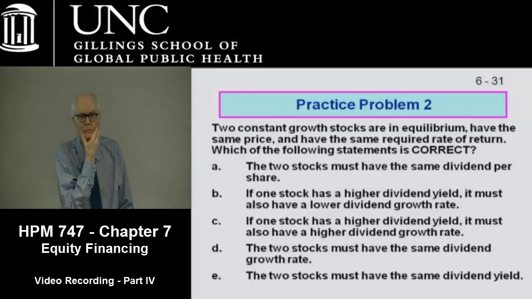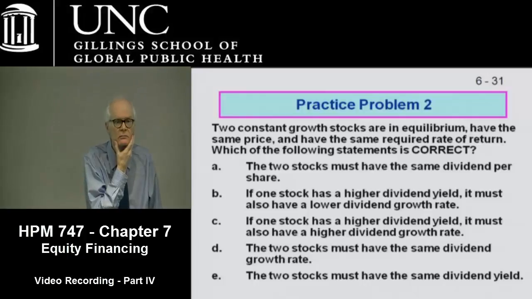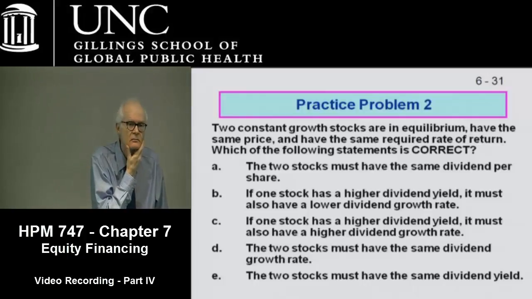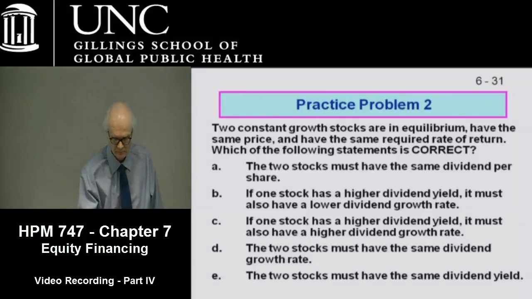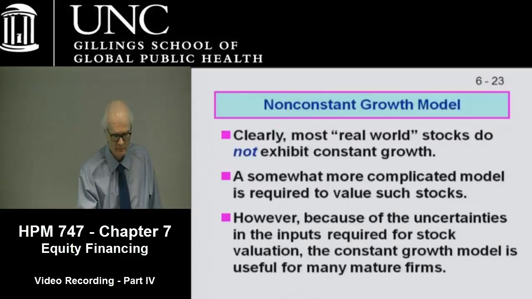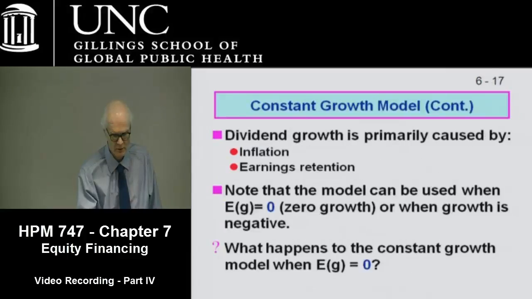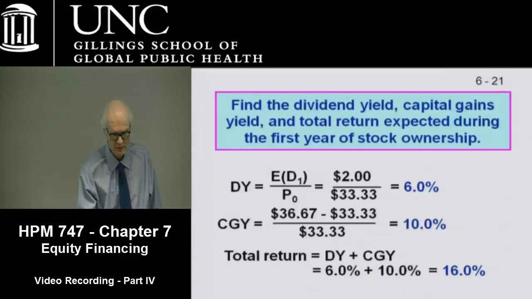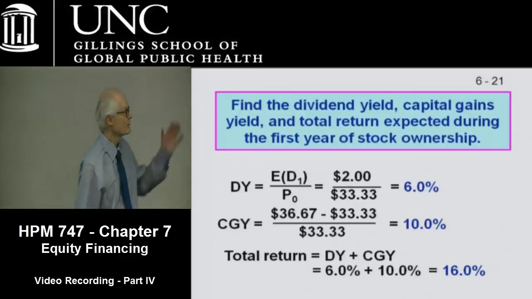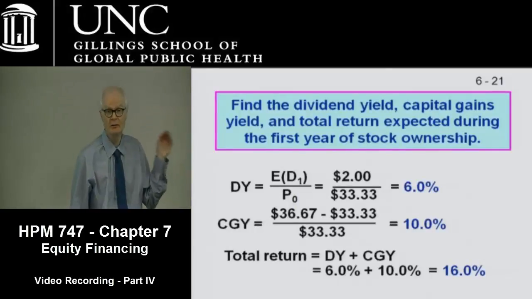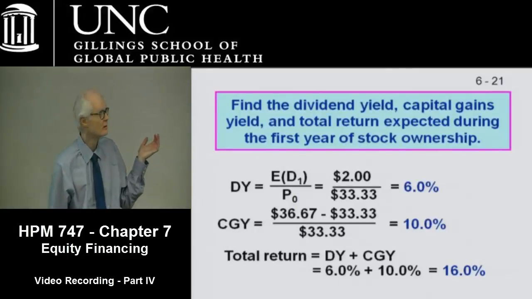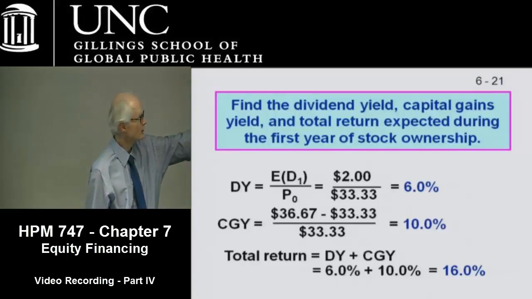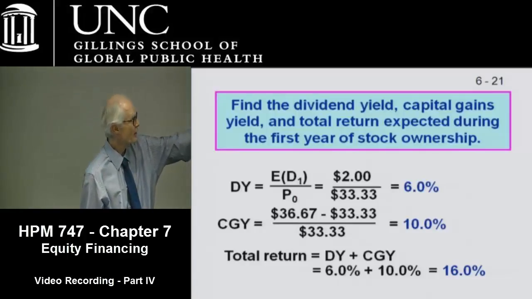George, could you just go over again the mathematical relationship between the lower dividend growth rate and that also corresponding to a lower capital gain yield? So this stock has got a required and an expected rate of return of 16%. The dividend yield is the $2 divided by the $33.33, which gives you 6%.